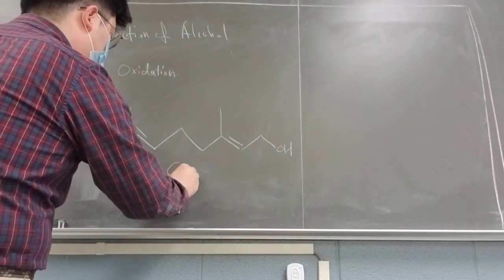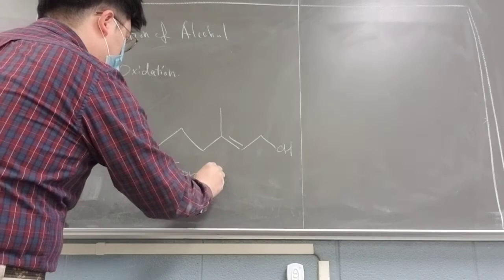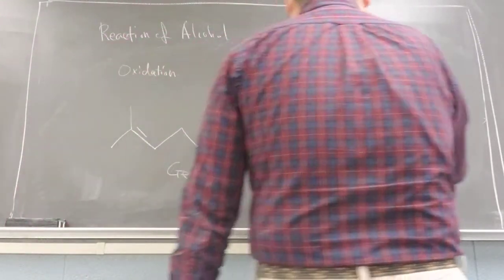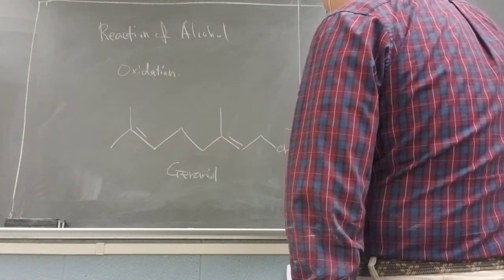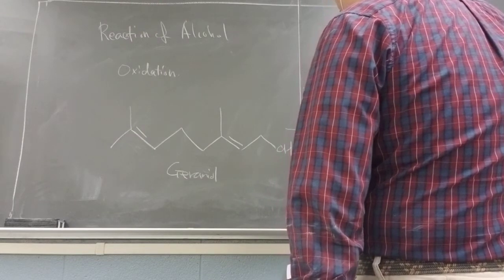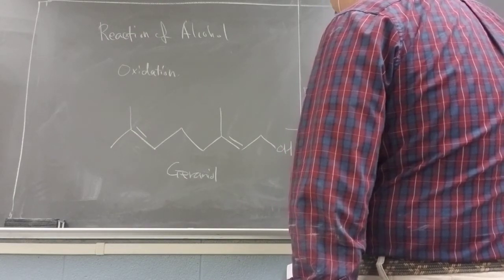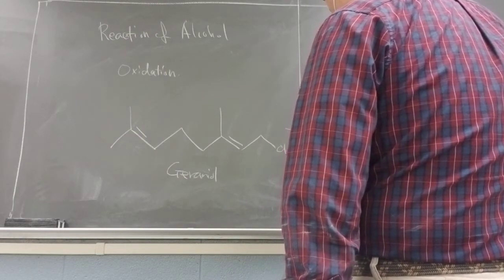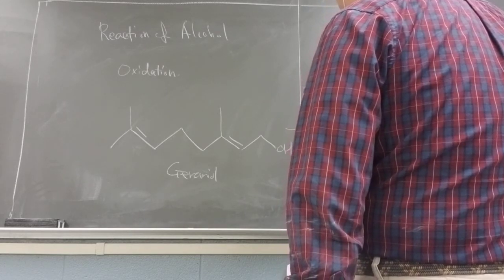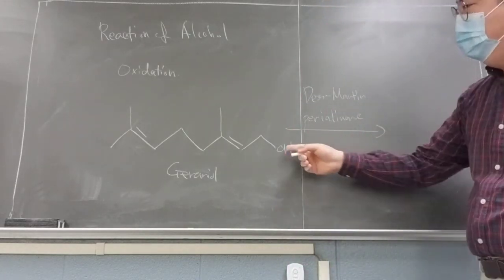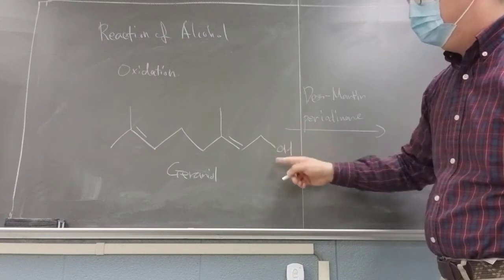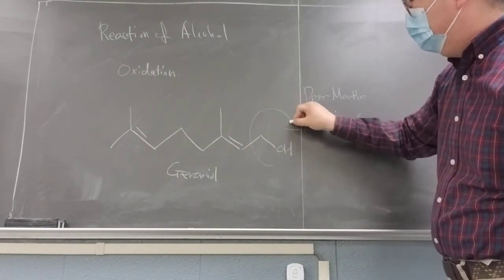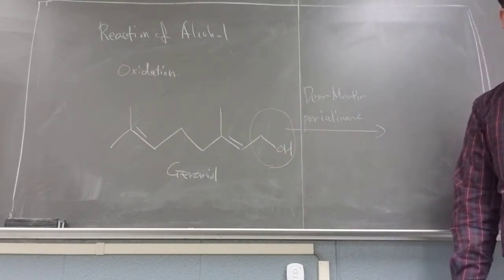What we're gonna use is the Dess-Martin periodinane reagent here. So if you have this type of compound, you can actually make the aldehyde groups over here.